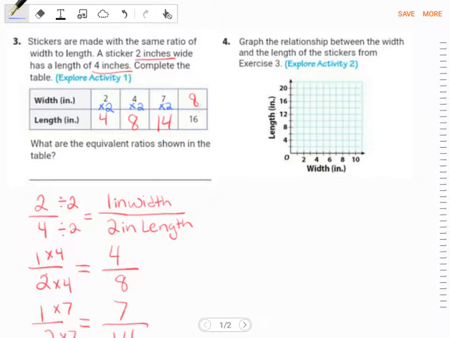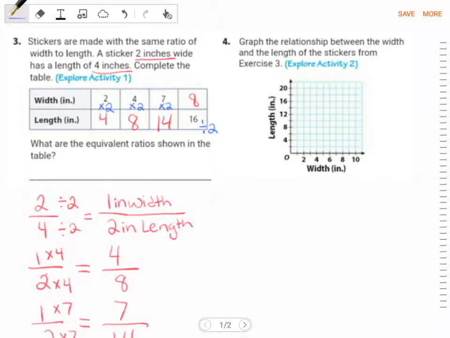Now this one would have been a lot more tricky. If it was blank still, we would not have had a clue what that 8 even was. But instead of multiplying, since we've got a number in the opposite place, we'll do the opposite operation of multiply. And I'm going to say I'm going to divide by 2. 16 divided by 2 would have given you the 8, just like we found.